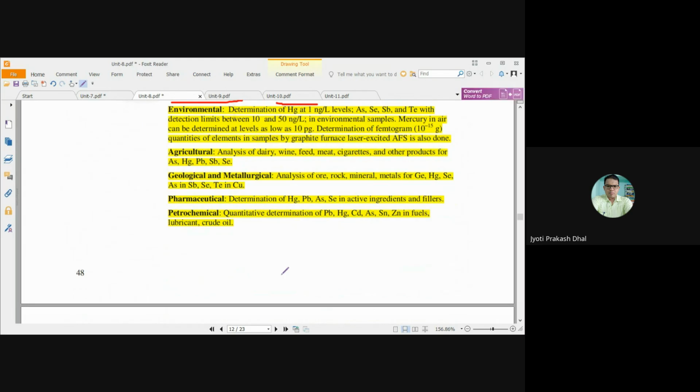And agricultural application, that is analysis of dairy, wine, feed, meat, cigarettes and other products for elemental analysis of arsenic, mercury, lead, antimony, selenium.